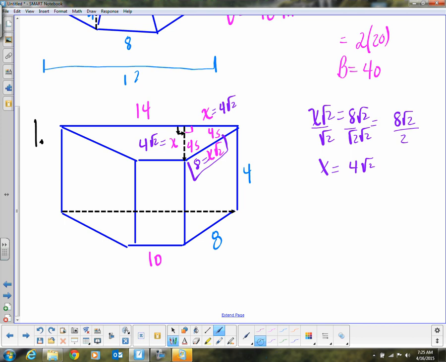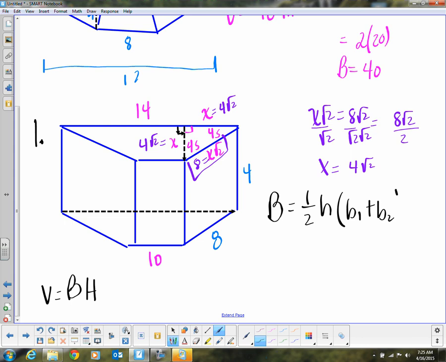What's the volume formula for this figure, by the way? Capital B, capital H with no 1/3. So now the question is, what is the base formula? 1/2 little h, base 1 plus base 2.